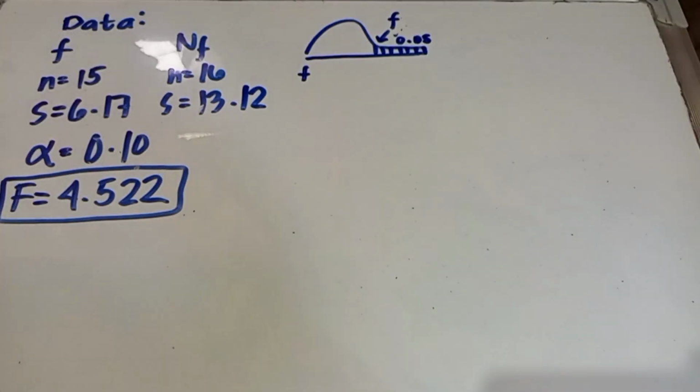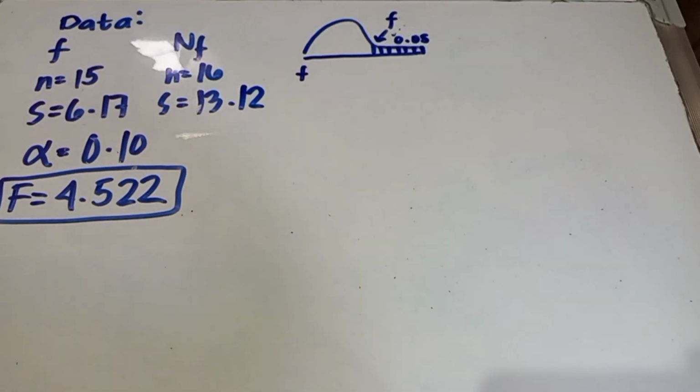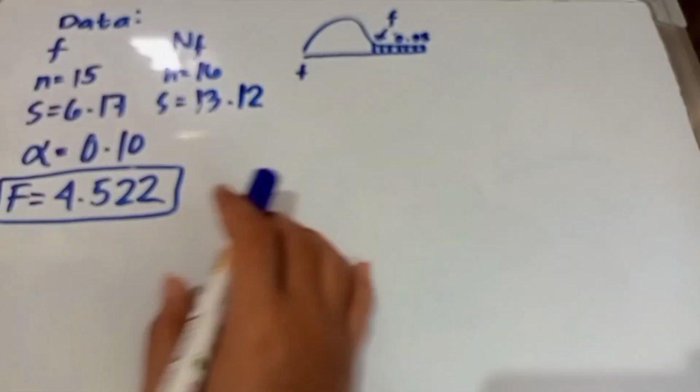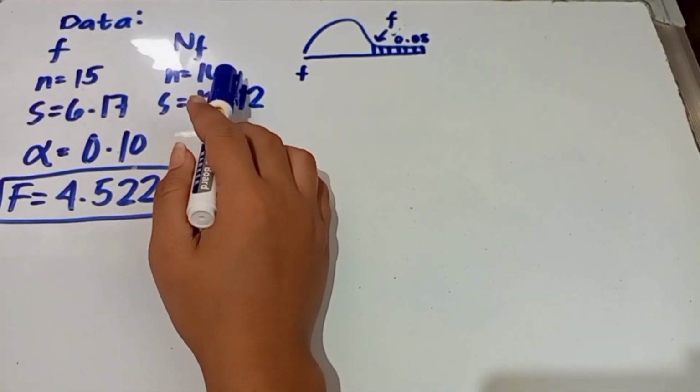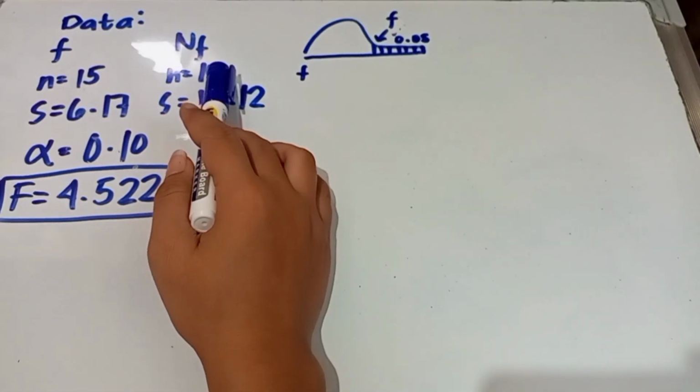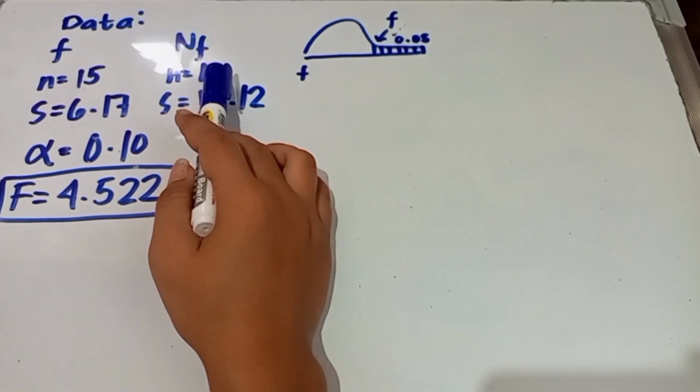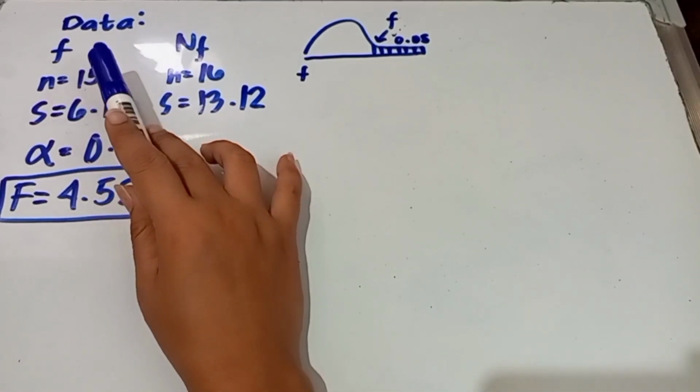So now we need to look up the degrees of freedom. There are 2 degrees of freedom for this F value. We have the degrees of freedom for the numerator, which is this, and the degrees of freedom for the denominator, which is this.